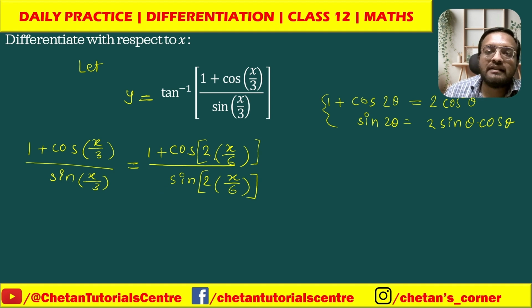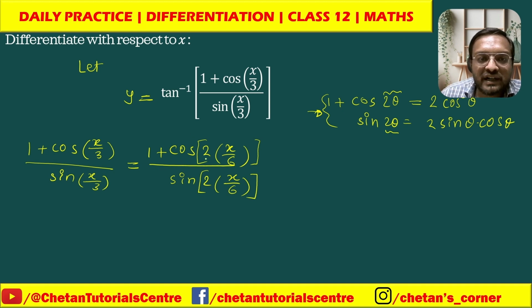Why I have made this adjustment? So that I can use these formulas. As you can see that here I have 2 theta and here I have 2 theta. So I have adjusted the given angles x upon 3 in terms of this 2 theta.